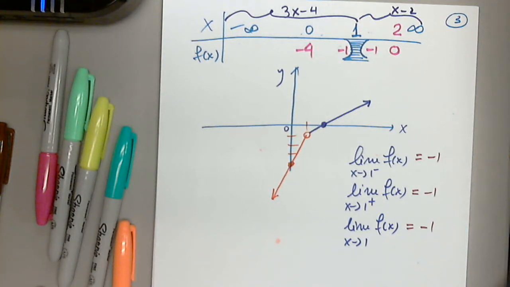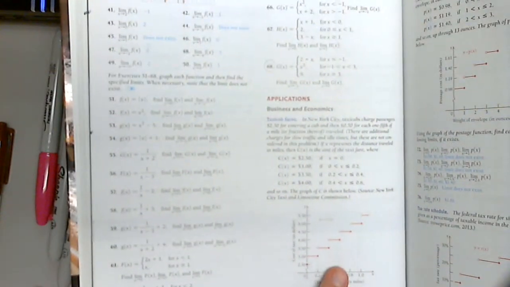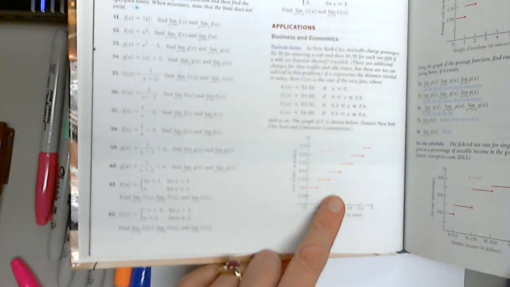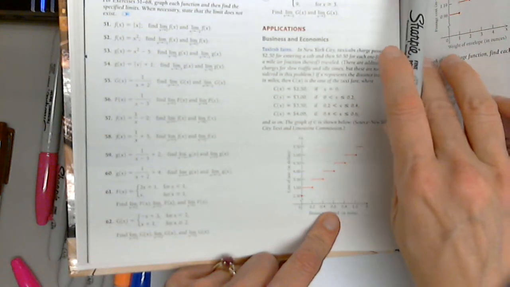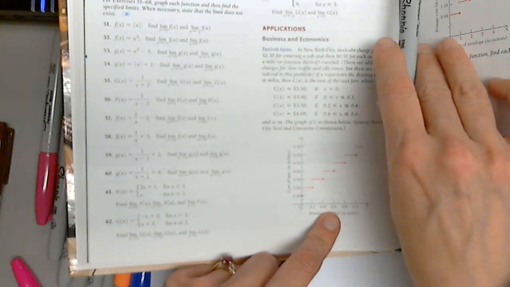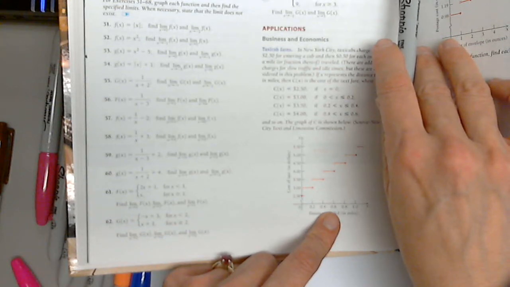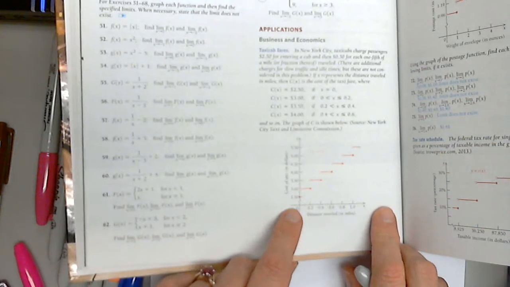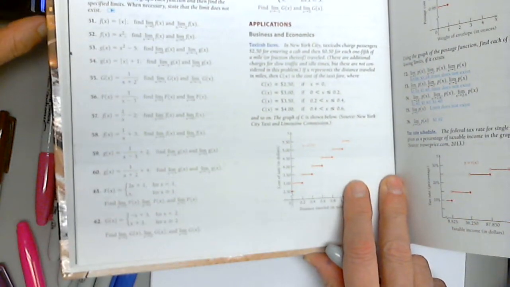Okay, I would like to look at a graph, like for example this one. We're given this graph and we're asked to answer a few questions. So let's say problem 70. The limit of c of x as x approaches 0.2 from the left.